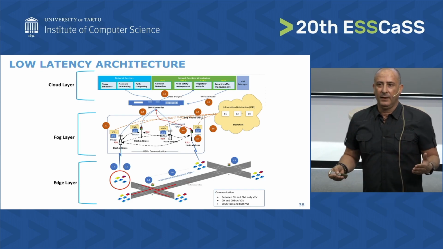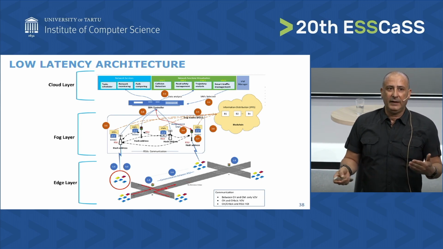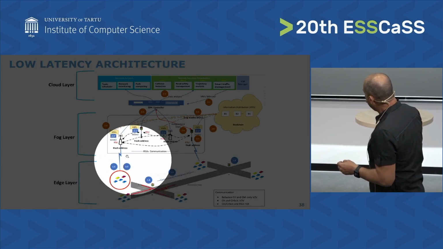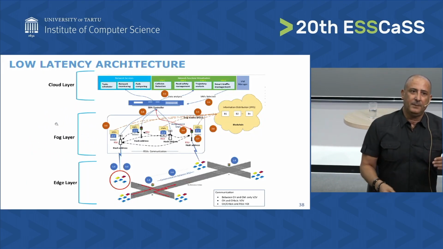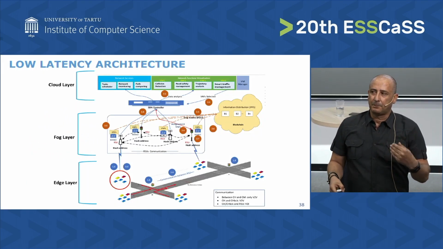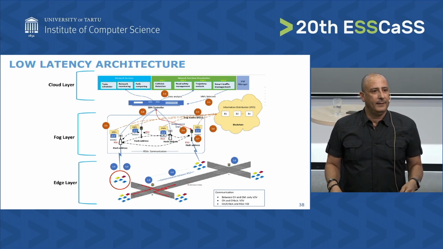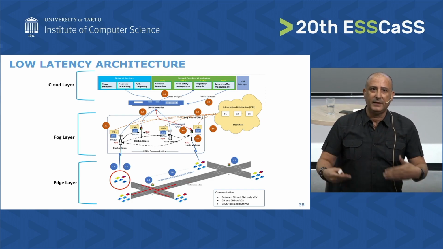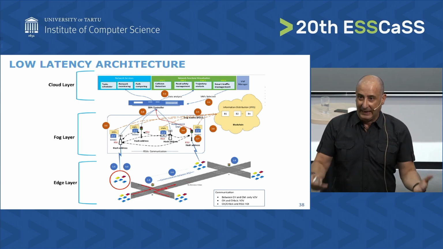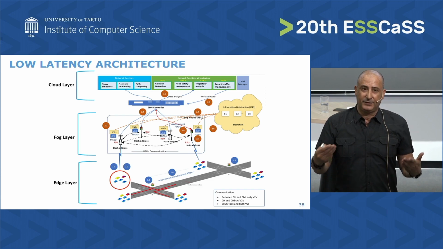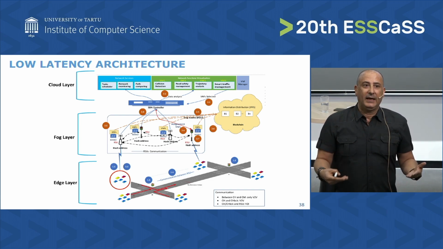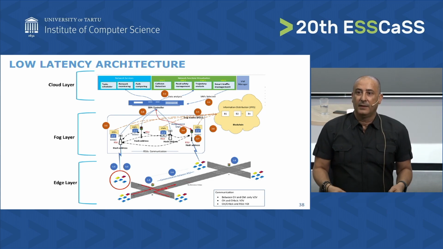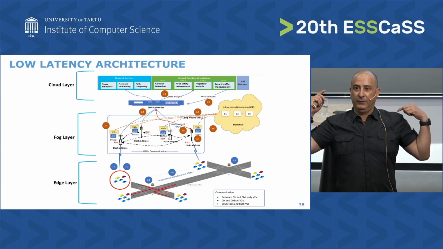For example, since you are collecting data from the edge layer, there is a real-time need. A real-time need can be, for example, the traffic light management. This is why traffic light management is one of the services of the new framework, the new architecture.